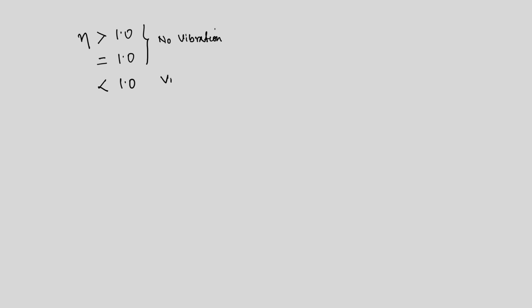In the third case, we have vibration. So, the first one we call the overdamped case. Second case is the critically damped case, and the third one is the underdamped case.